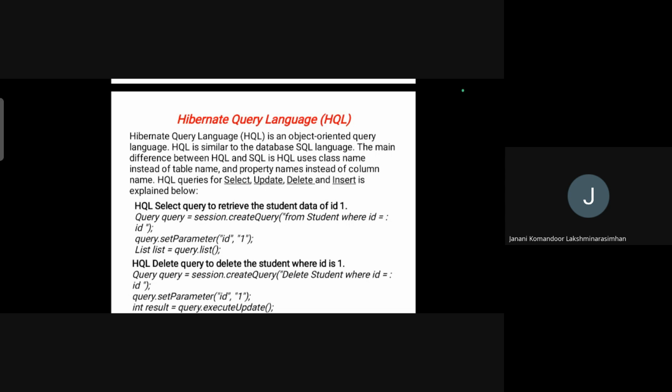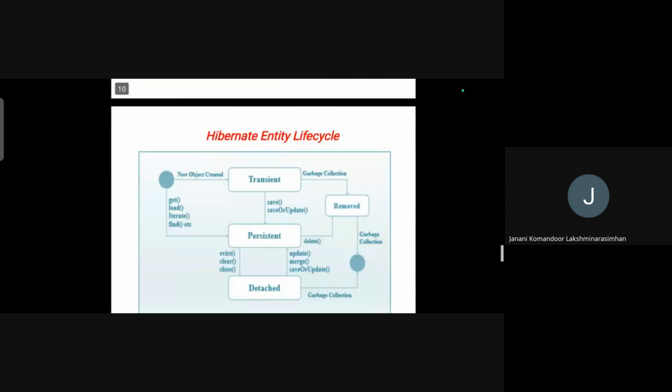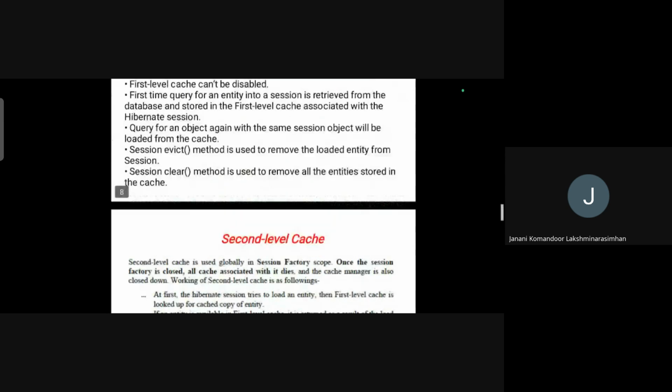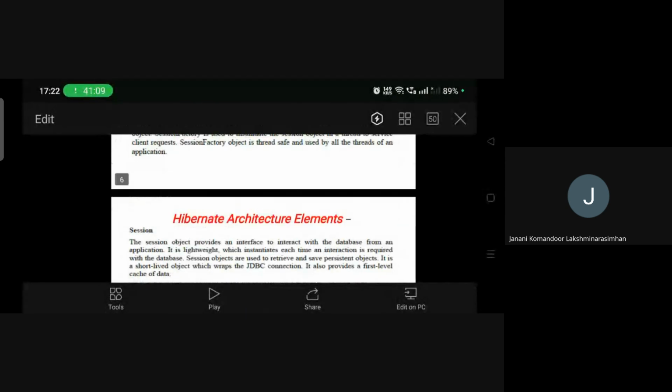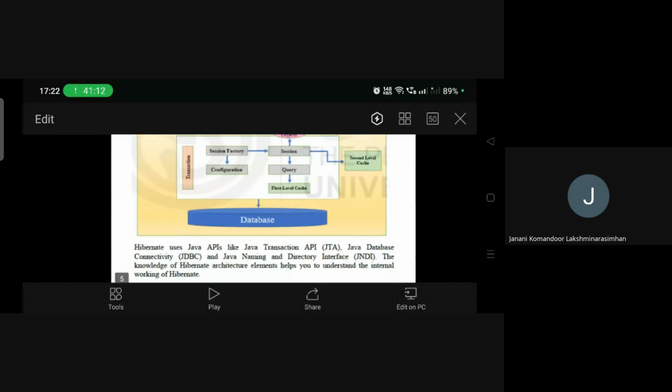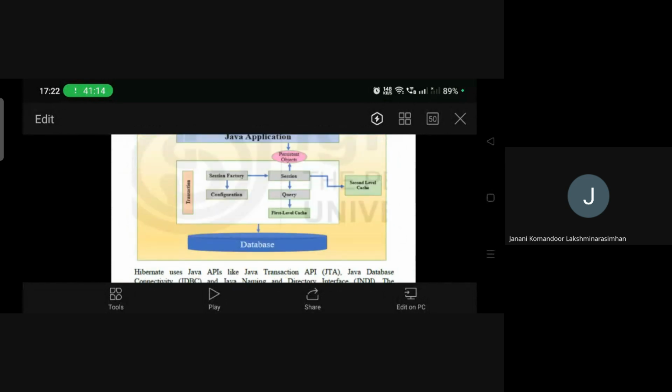In HQL, Hibernate query language, each query is represented by a query object. This is what is depicted in the architectural diagram. Each query is represented through a query object, and the query object is derived from the session object.